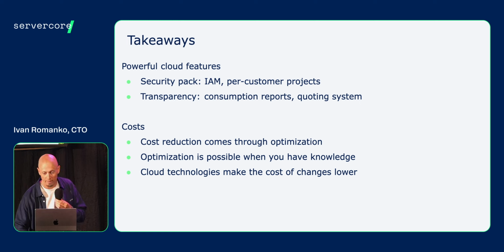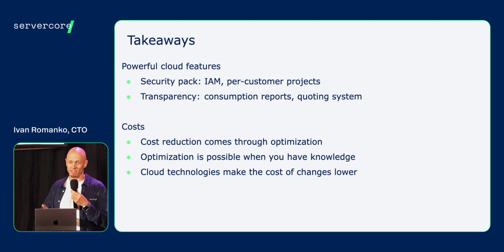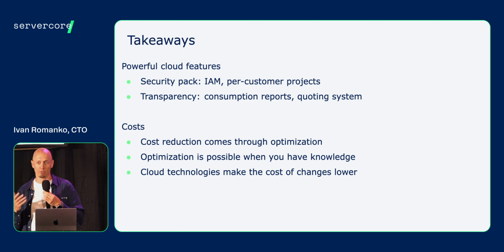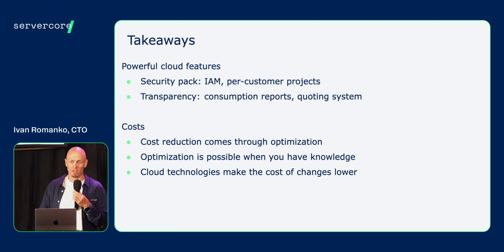I'm finishing now here. And the takeaway here is that optimization in the cloud comes through analysis, right? You need to have some data, some knowledge in order to be able to think about changes and to make them. What it makes possible is to not think too much before the launch, actually.